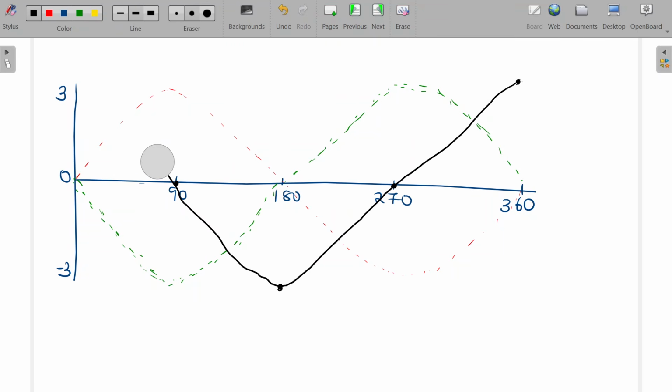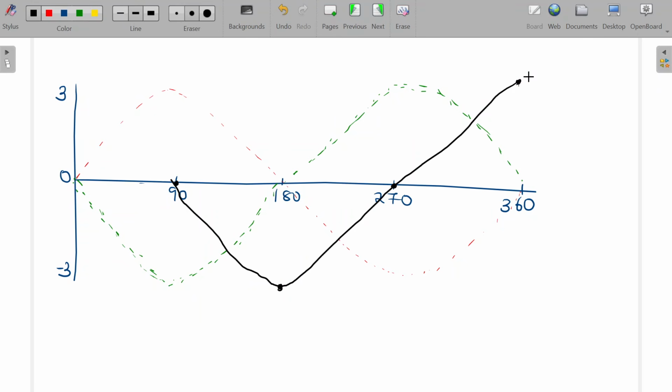Okay, so we've drawn this line. Now check the limit they've given us. On 360, we know that's the upper limit, and we've ended there, so there's no need of doing anything this side.